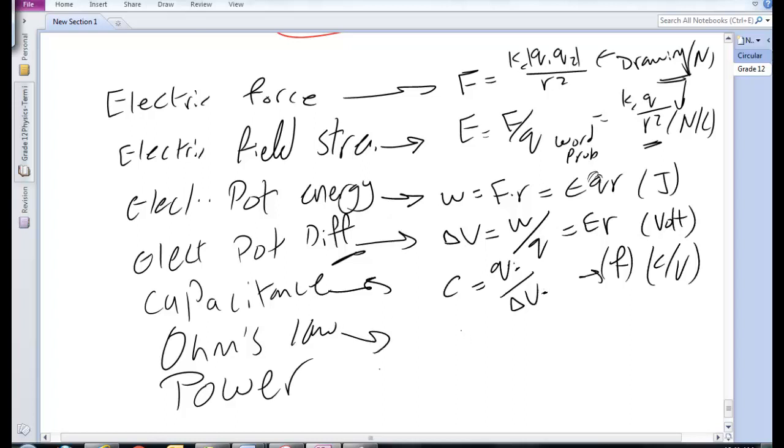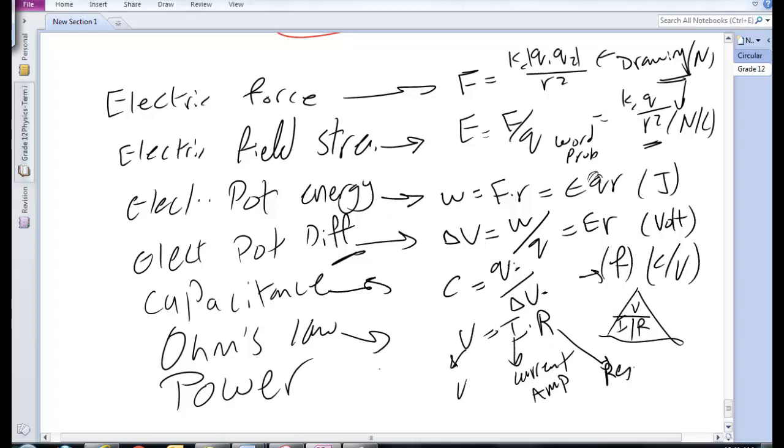Ohm's law, it is V equals to I times R, and you can draw this here, VIR, where V is in volts, I, which is the current, which is measured in amperes, and R is the resistance, which is measured in ohms.